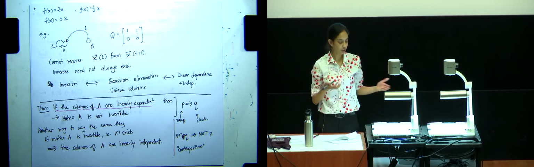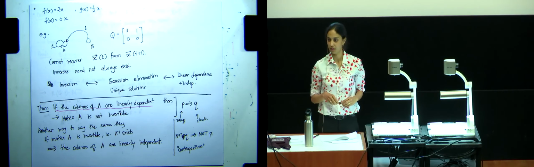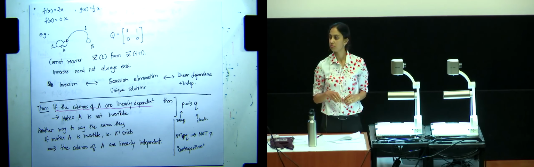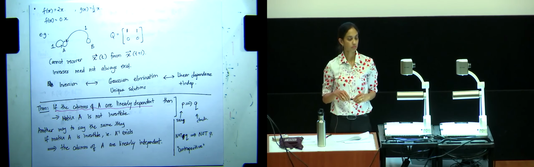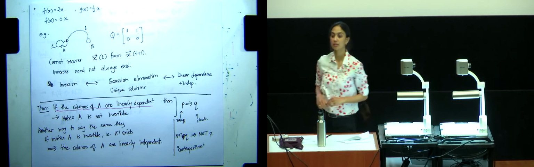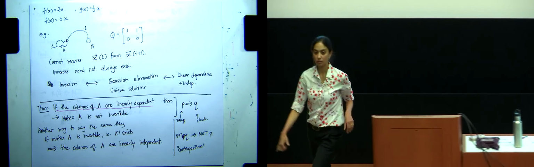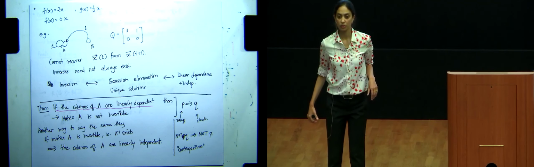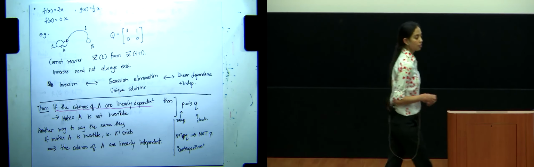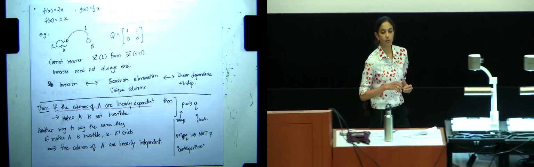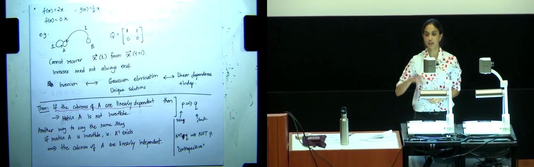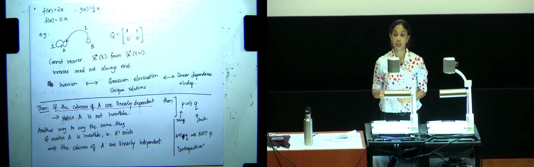Are there any questions on how we arrived at this or how we got here? Oh, question, yes. The question was, if the columns are linearly dependent, will Gaussian elimination always result in infinite solutions or no solutions? The answer is yes.